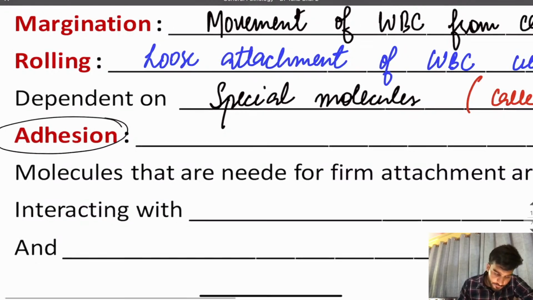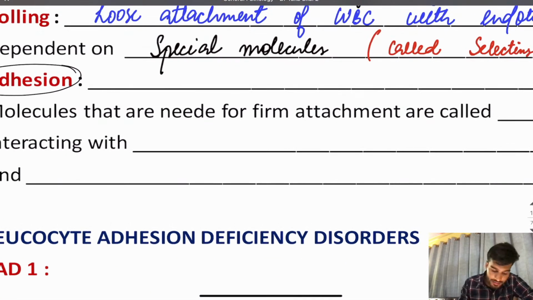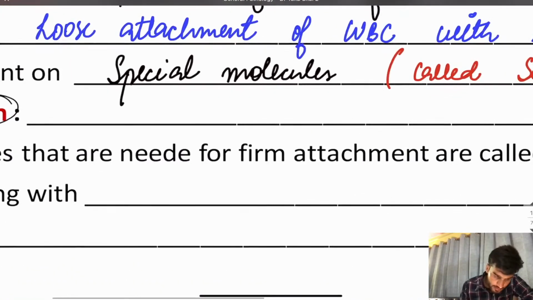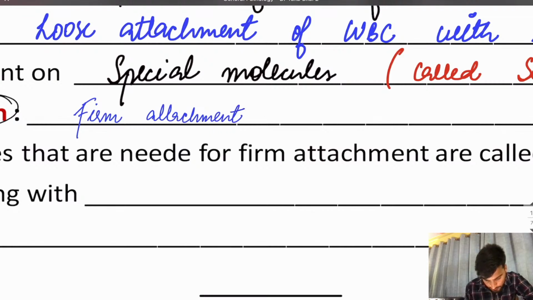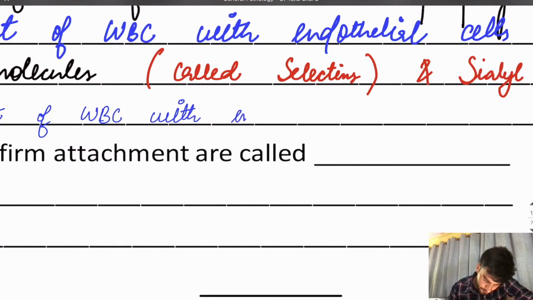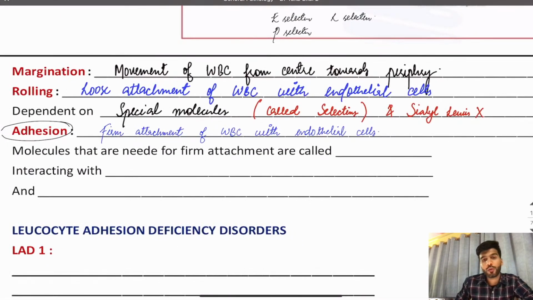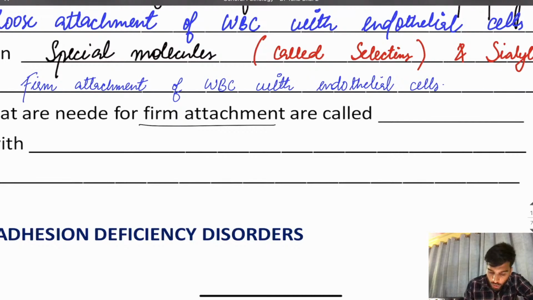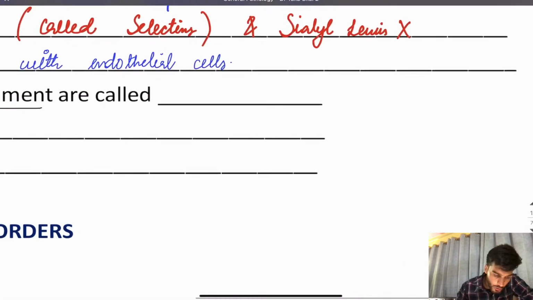So write it down, guys: there is a firm attachment of WBC with endothelial cells, and the molecules needed for this firm attachment are called integrins.